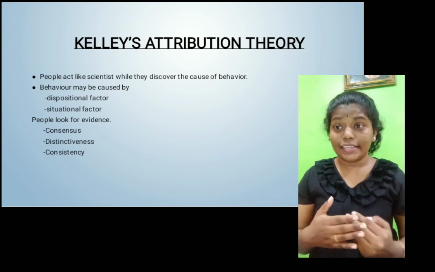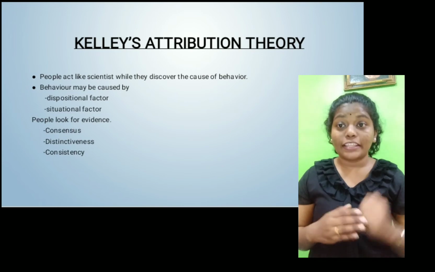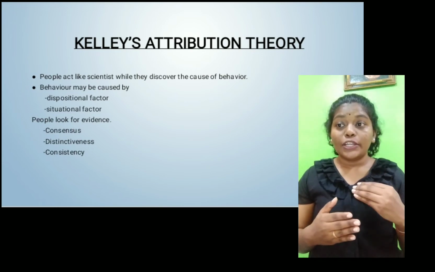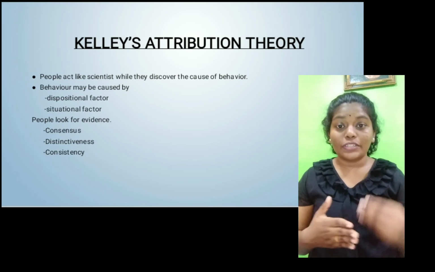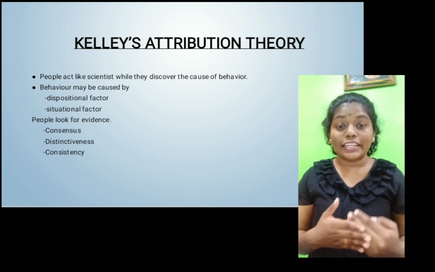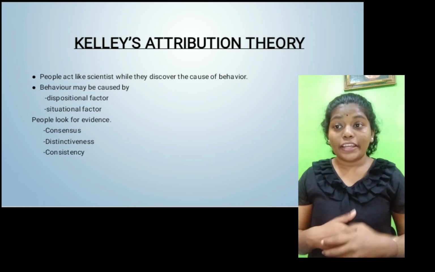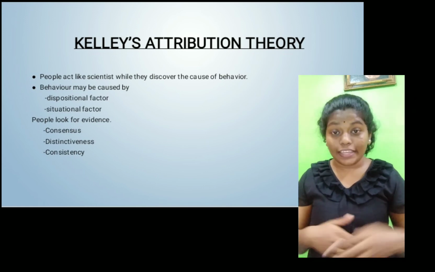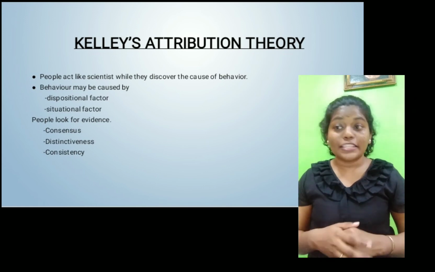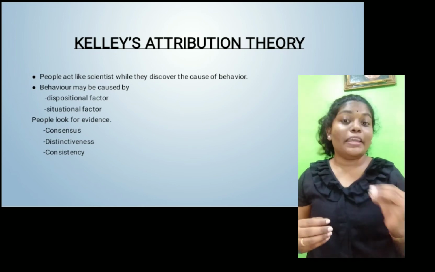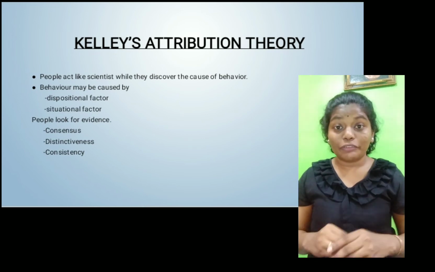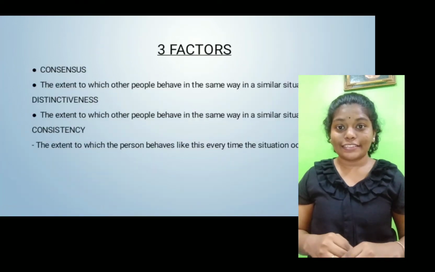Situational factor is the process of assigning the cause of behavior to some situation or event outside a person's control rather than to some internal characteristic. For example, suppose a student fails an exam, her parents assume that the question was difficult or maybe they blame the teachers. This is what we call situational factor.